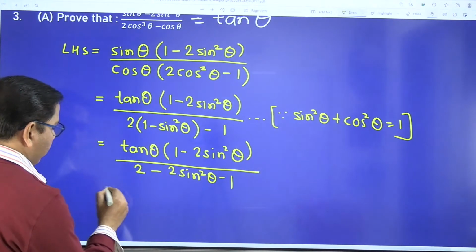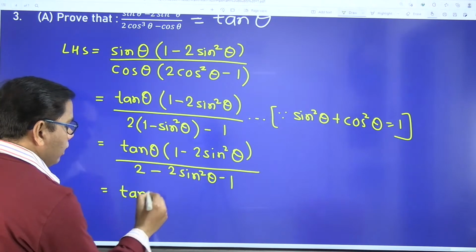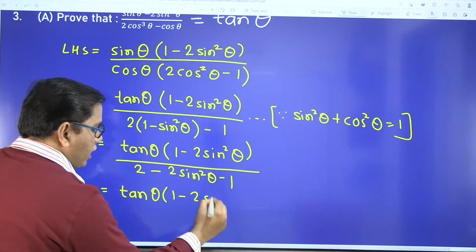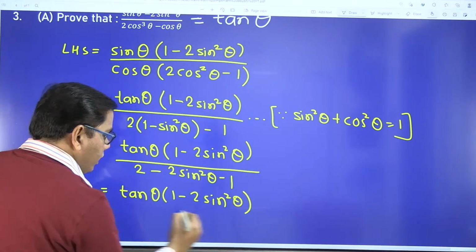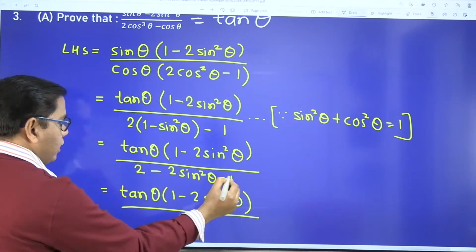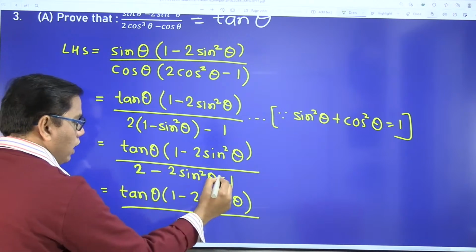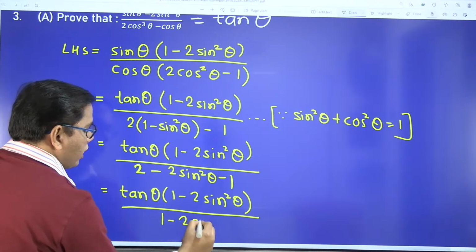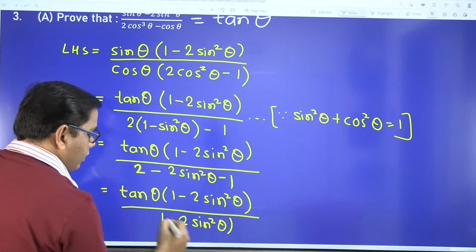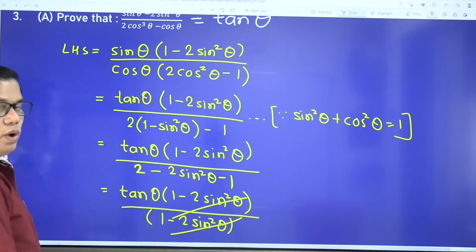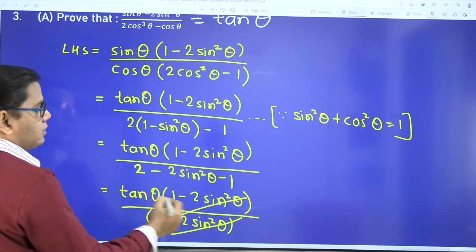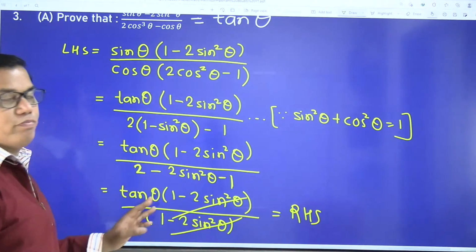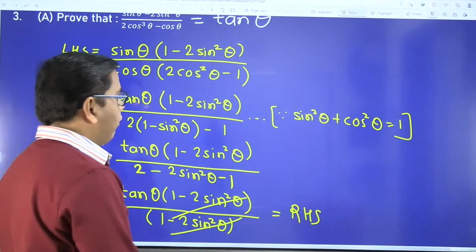One interesting thing: the first term is 2, the last term is minus 1. 2 minus 1 is 1, minus 2 sine square theta. So can I say both have become the same? I have cancelled this and got tan theta, which is equal to RHS. Hence I have proved this question. Is it fine? Is it easy?